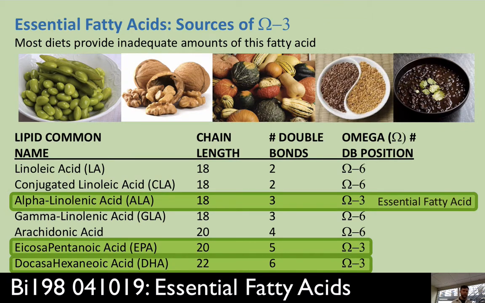Then we're going to look here at the omega-3 fatty acids. This is really a problem. So from ALA, alpha linolenic acid, this is where you can make the other omega-3 fatty acids. The EPA and DHA are really crucial in terms of neuronal development.